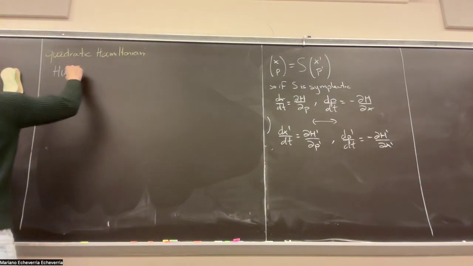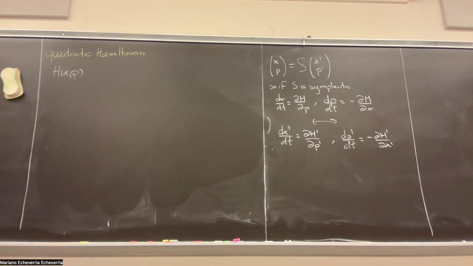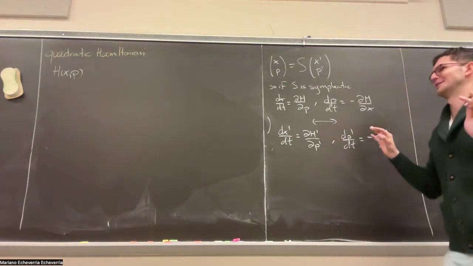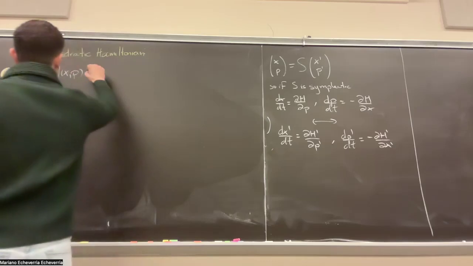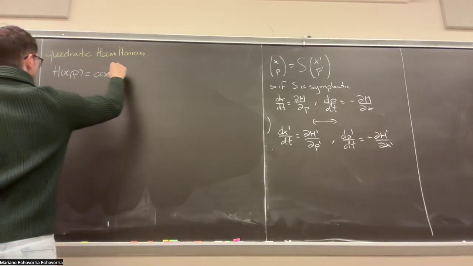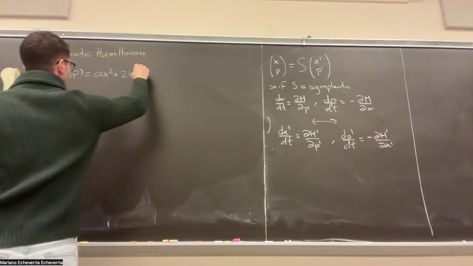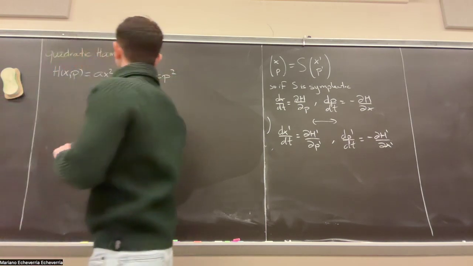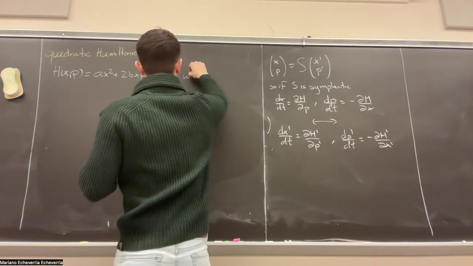I'm just going to assume it is as simple as it can get. The easiest thing would be linear, but that's a little too simple. So I'll assume it's something like a x squared plus 2b xp plus c p squared, where a, b, c are constants.